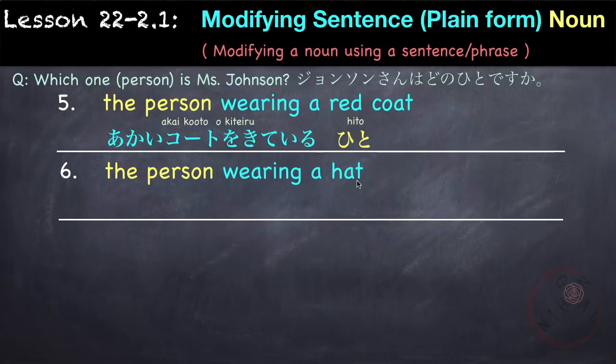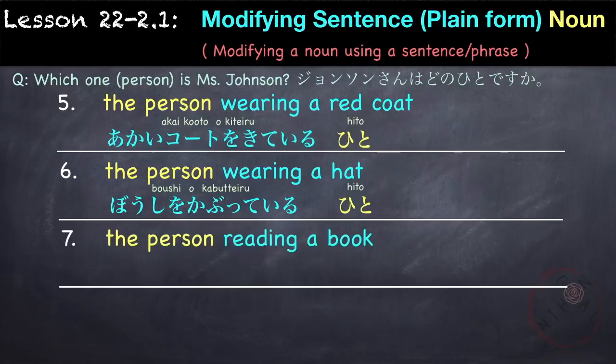The person wearing a hat. For things that we wear on our head, we use the verb kaburimasu. So wearing a hat is 帽子をかぶっている人。The person reading a book.